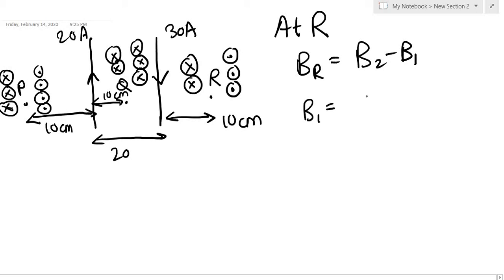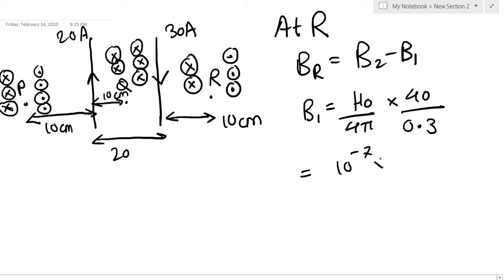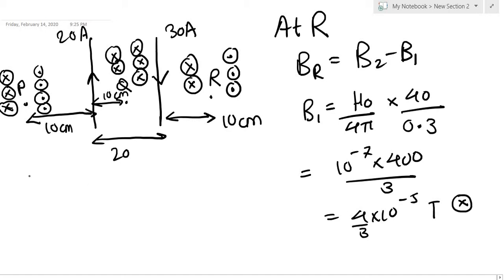Let's find the magnitude of B1. So mu naught by 4 pi, 2 times 20 is 40 over, now the distance is 20 and 10, so 0.3 meters. Now this is 10 to the negative 7 into 400 by 3, so 4 into 10 to the power of negative 5 by 3 Tesla, and it will penetrate.